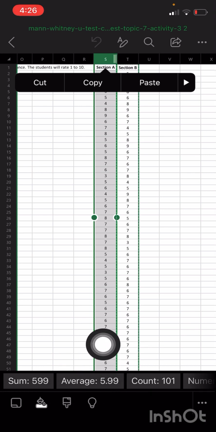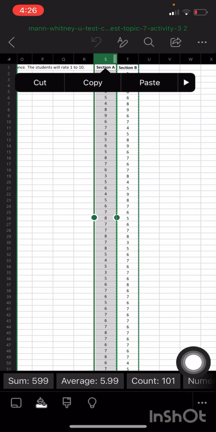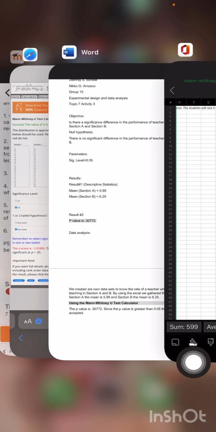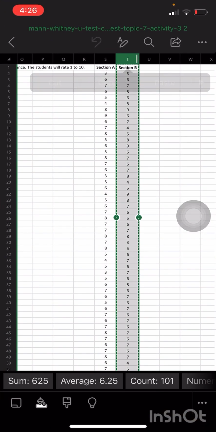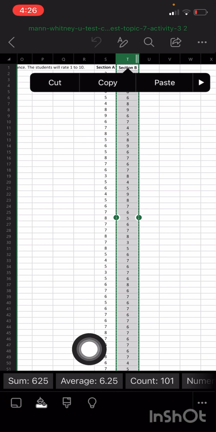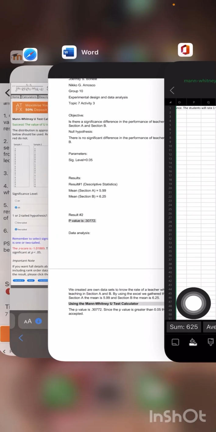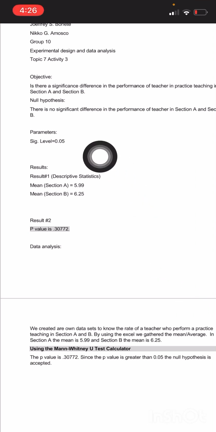This average is the mean: 5.99 in section A. Yeah, 5.99. In section B, the mean was 6.25. So that was the mean for result number 1.